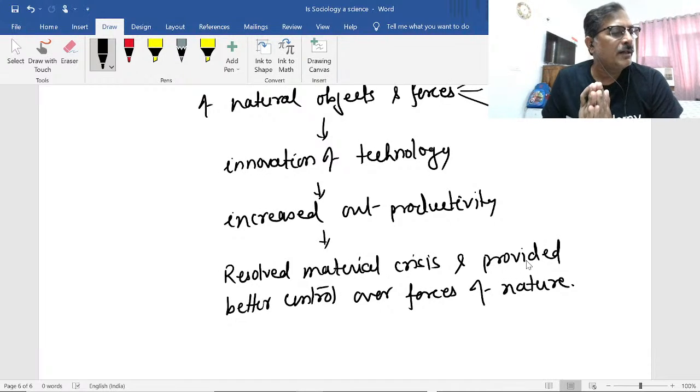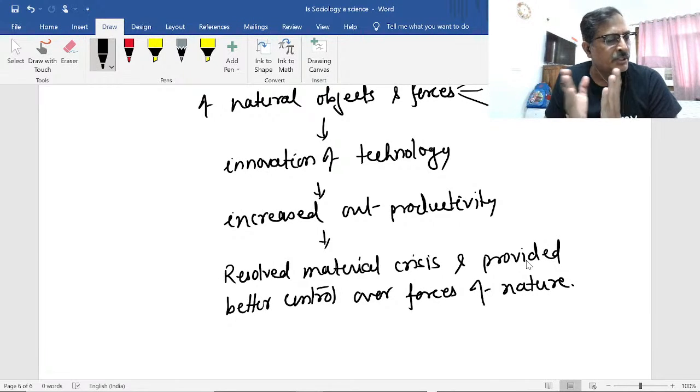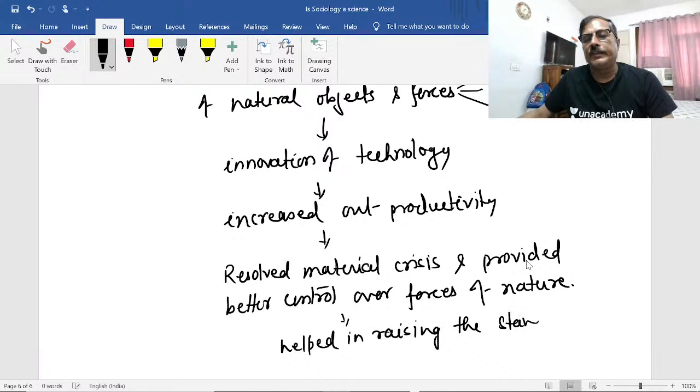That means we were more in control of planning our life. We were able to deal with the crisis of the material things that we required to survive, right? We also increased the productivity of food products, etc. And all these things, in a way, revolutionized human life. In simple terms, it helped in raising the standard of living.